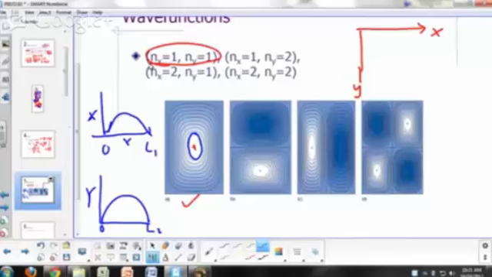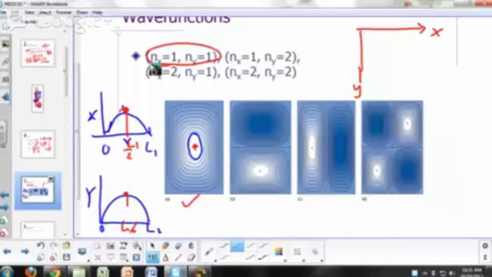That's the peak at L1 over 2, and at L2 over 2 you have the maximum value for function x and function y, and so that's where your psi is at a maximum. That's the representation for n sub x equals 1 and n sub y equals 1. If you were to do a 3-dimensional plot of that, that's just going to look like a mountain.